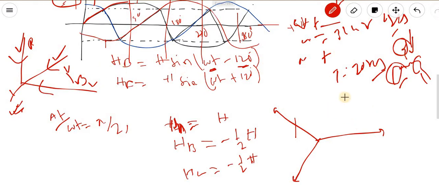Okay, now suppose we are taking this as a reference phase, so for this particular instant, omega t equal to pi by 2, it is H, and for B phase it is negative. So A, B, C. So for B, the resultant actual will be in what direction?